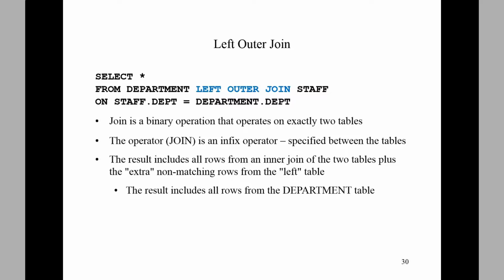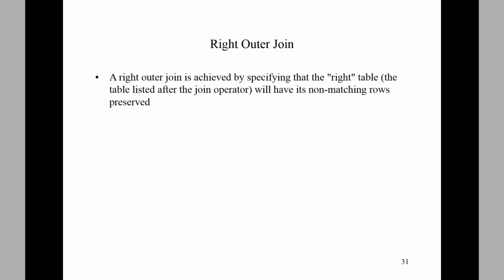We're selecting all of the columns. This means that a null value will be placed in each position that would have been populated by a matching row from the staff table. In the query to illustrate the left outer join, we displayed all departments, regardless of whether the department currently employed any staff.